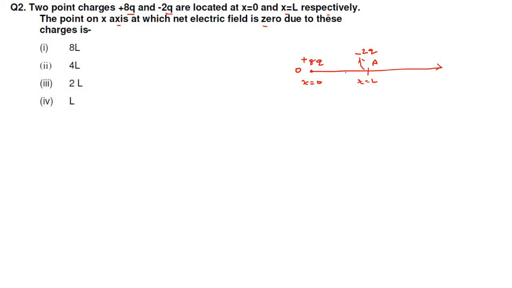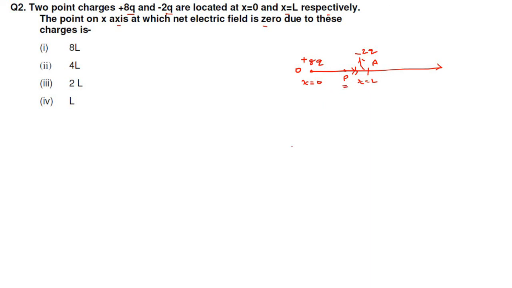Suppose you consider the point, say somewhere here in between the two charges. Let's say you consider a point P. Then at P, field due to this plus 8q will be in this way. At P, field due to this minus 2q will also be in this direction. So the two fields are in the same direction, so they cannot give you zero electric field.